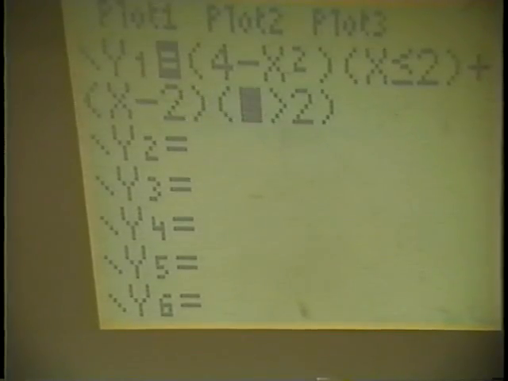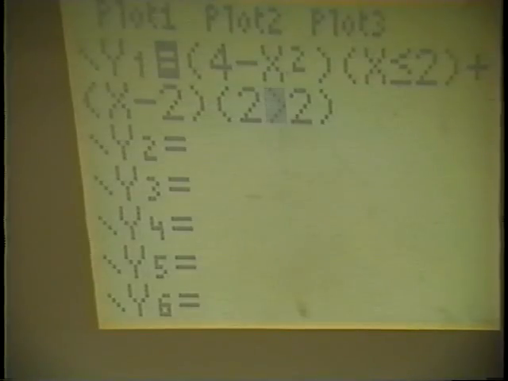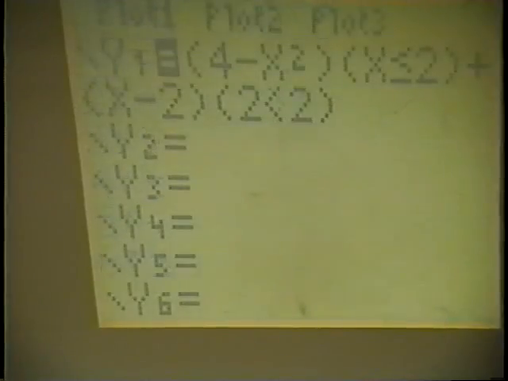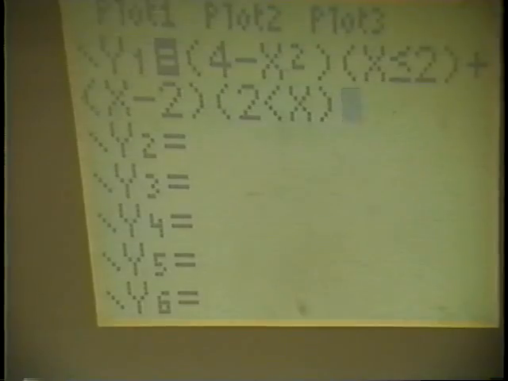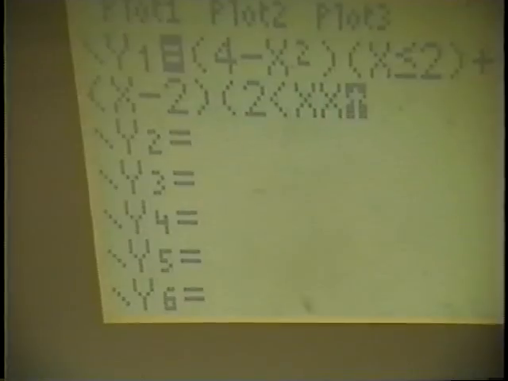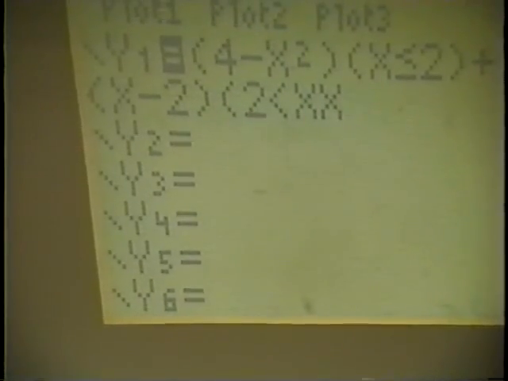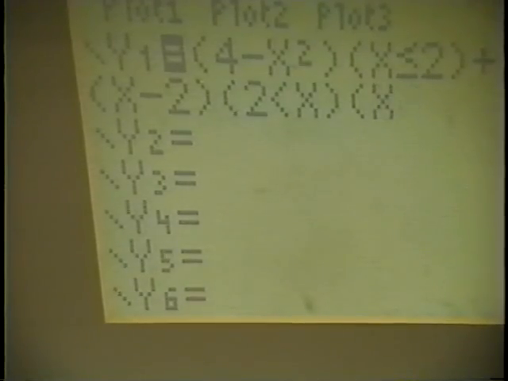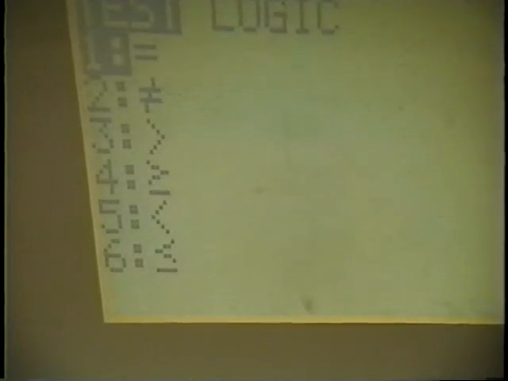I want 2 less than, so second in math for the test, 2 less than x, and then the right parentheses, and then left parentheses, x, second, and test, I want less than. Again, less than is 5.